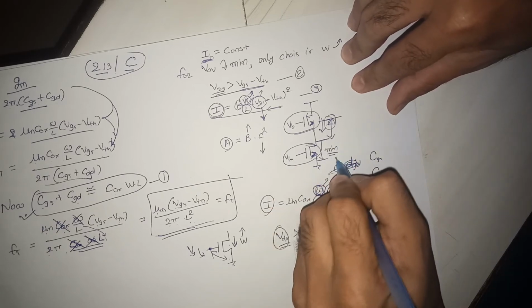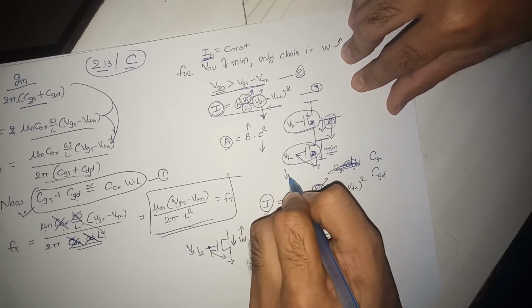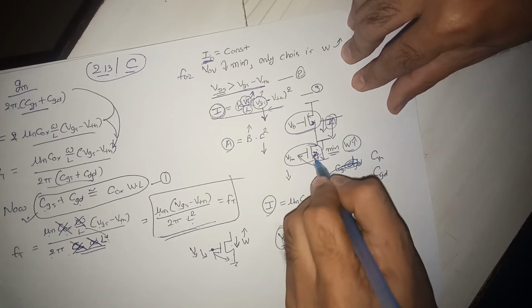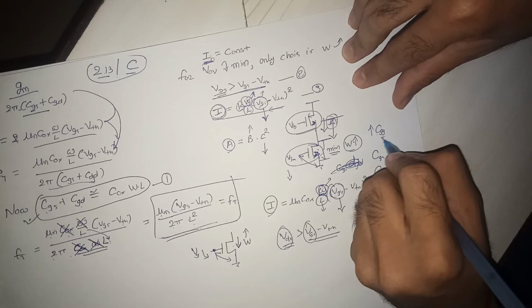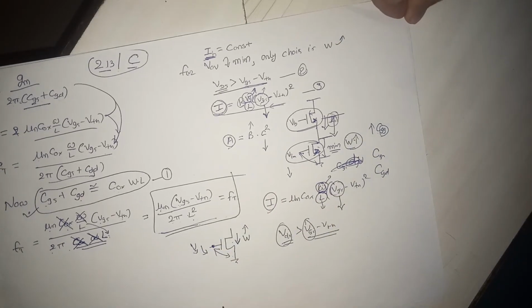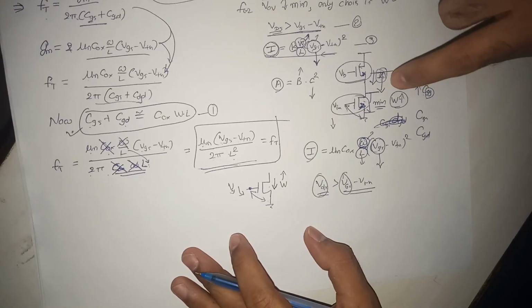You can go lower in VGS, and simultaneously you should make W high. Ultimately you will end up with higher CGG, the total gate capacitance.